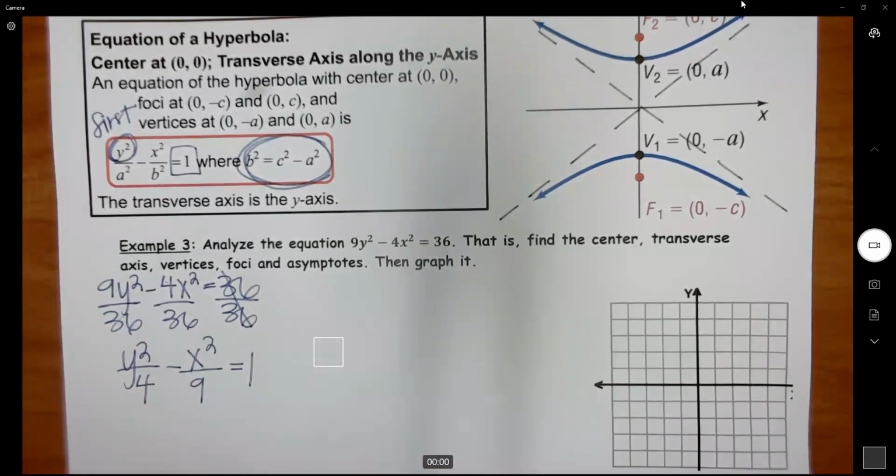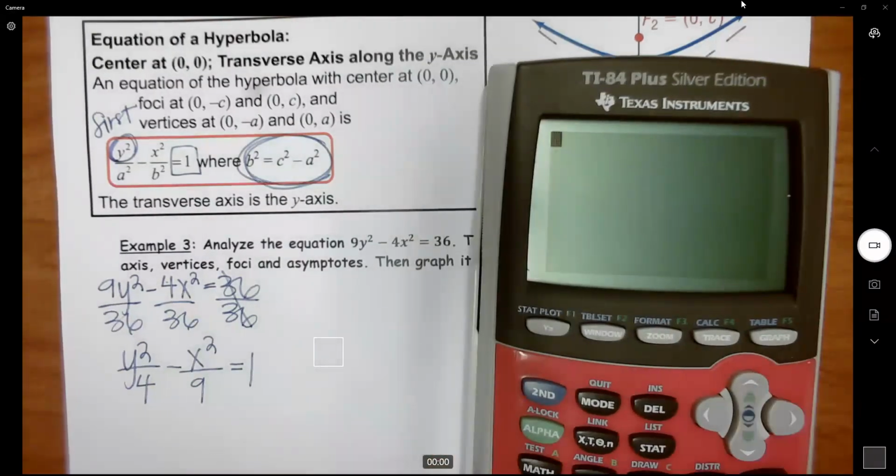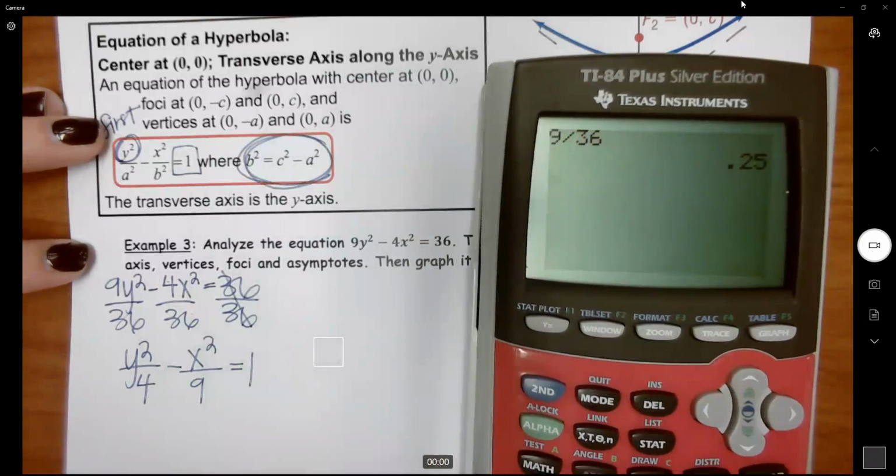Now, if you don't know how I did that, you can use your calculator. If you do 9 divided by 36, you get 0.25.